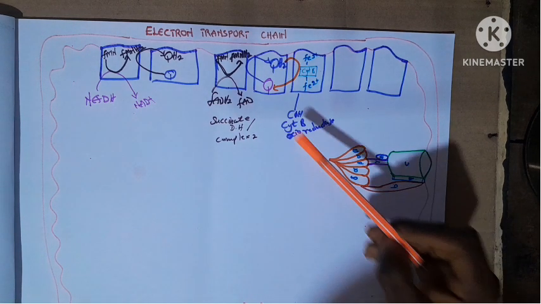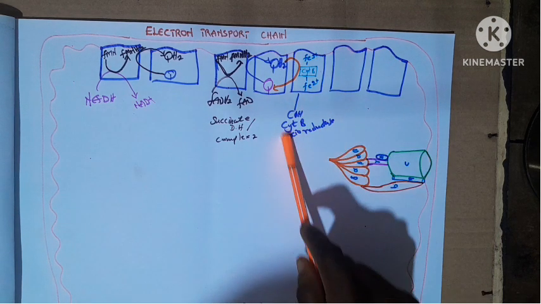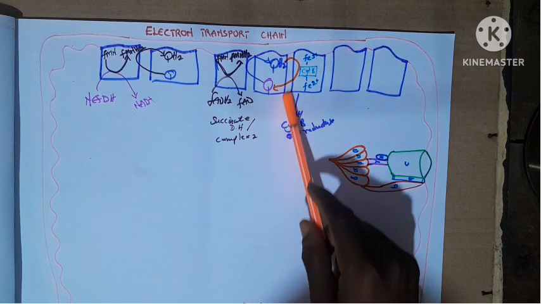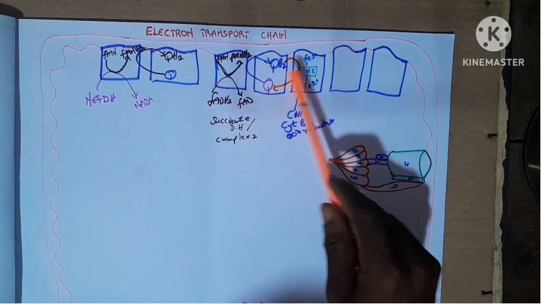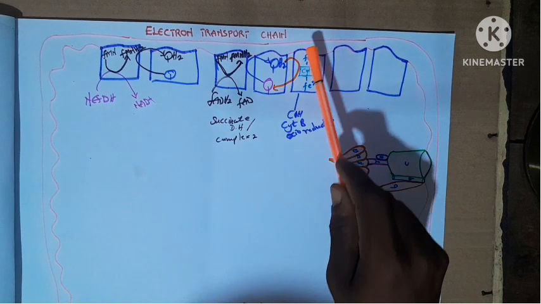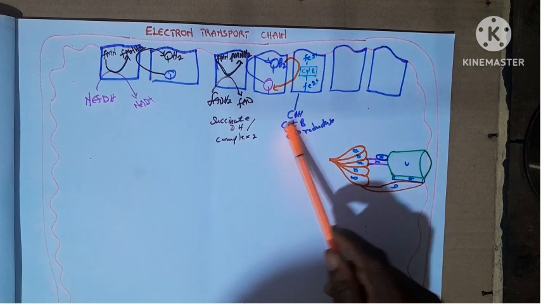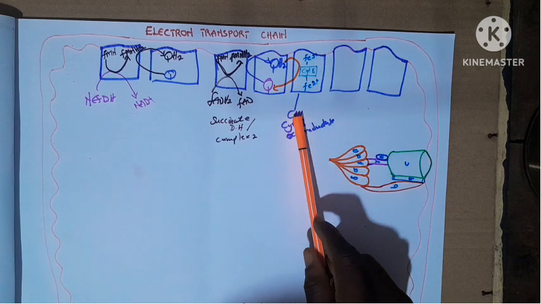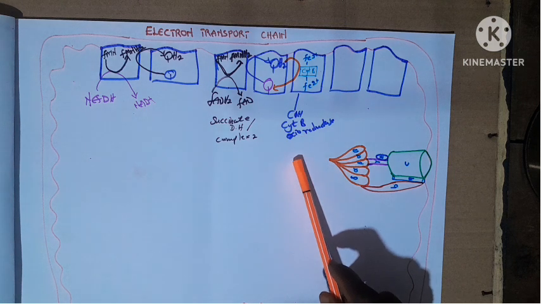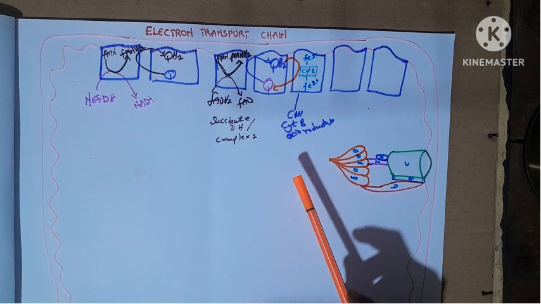But this complex 3 has a pore that pumps the protons into the intermembrane space. So when the electrons are passed on, the protons will be pumped into the intermembrane space. The pumping of protons into the intermembrane space occurs in complex 1, complex 3, and also in complex 4, I guess.